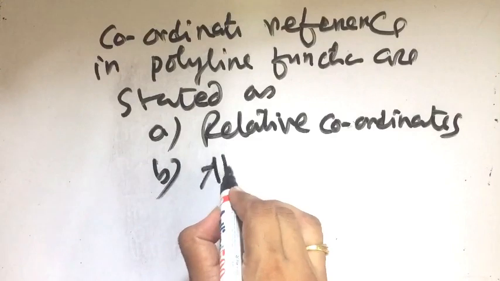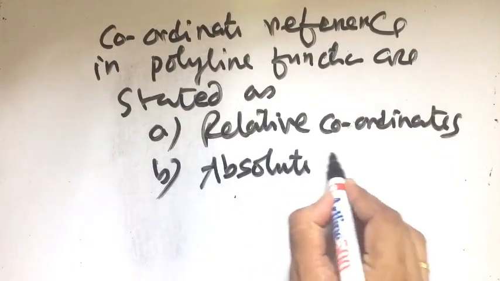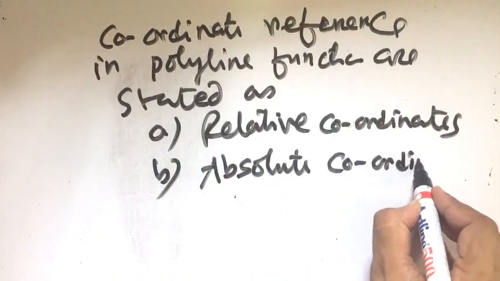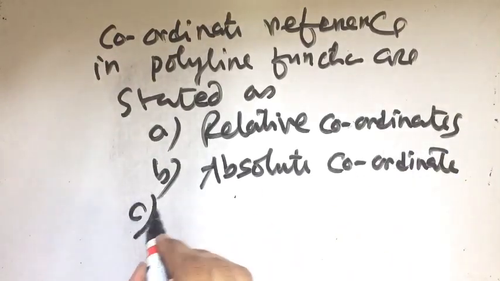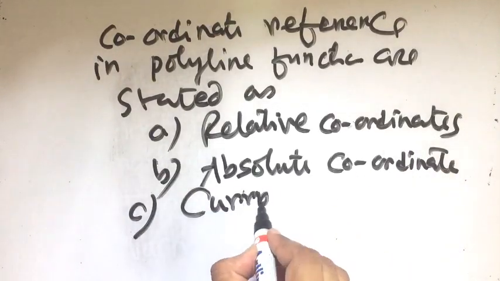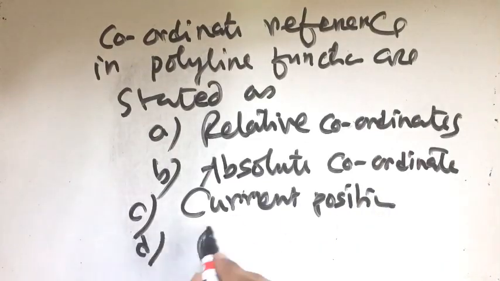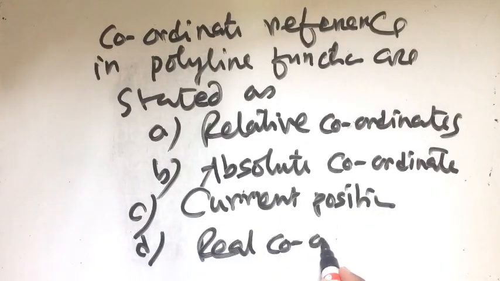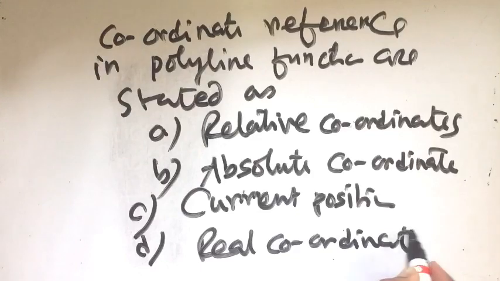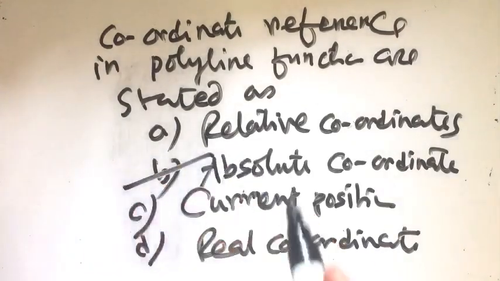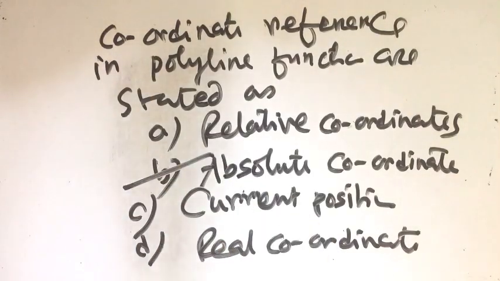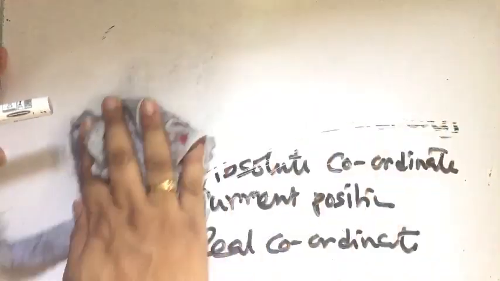Option B, absolute coordinate. Option C, current position. Option D, real coordinates. The answer is absolute coordinate. The option is B.